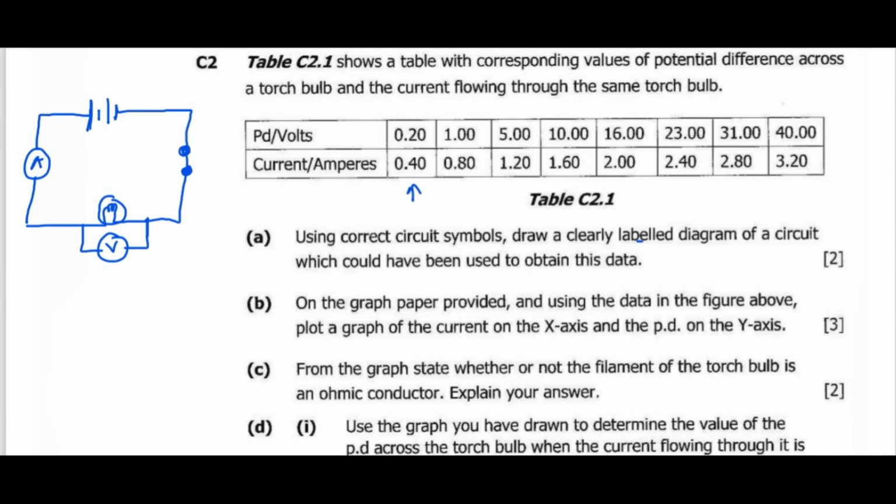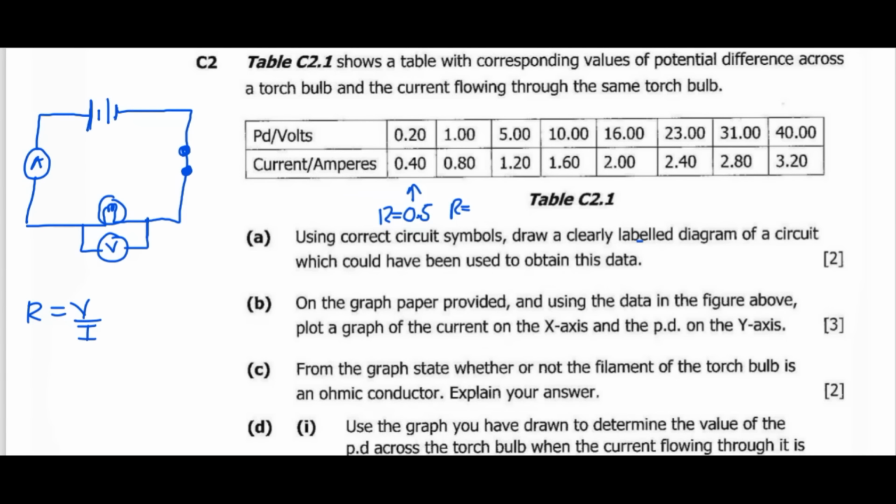So we know that resistance is equal to voltage over current. I want to find the resistance at this point here. So this will be 0.20 divided by 0.40. So my resistance is 0.5.